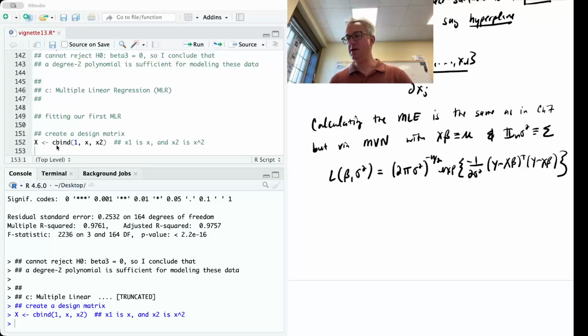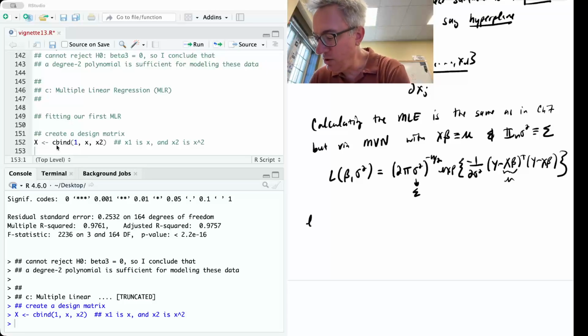Okay, so that is the density with x beta for mu and sigma squared times the identity in that multivariate normal density.